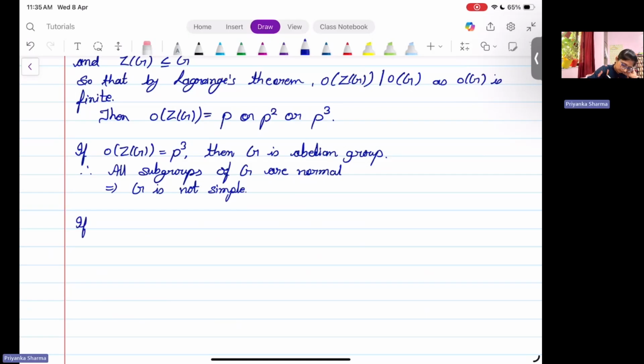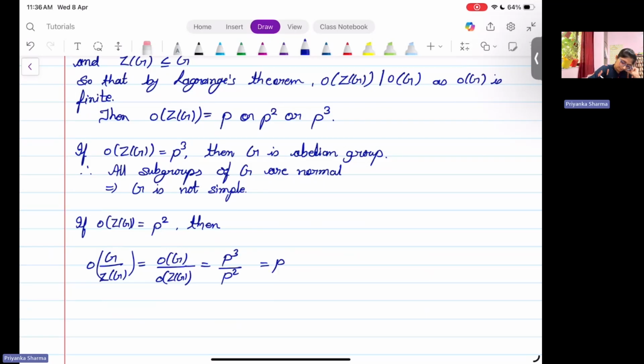Now what if the order of Z(G) is p squared? Then the order of G/Z(G) will be the order of G by the order of Z(G), that is p cubed by p squared, that is p.